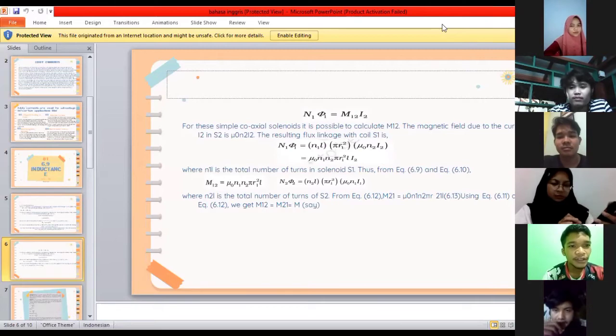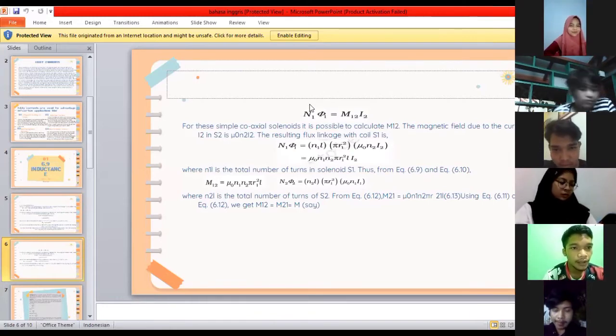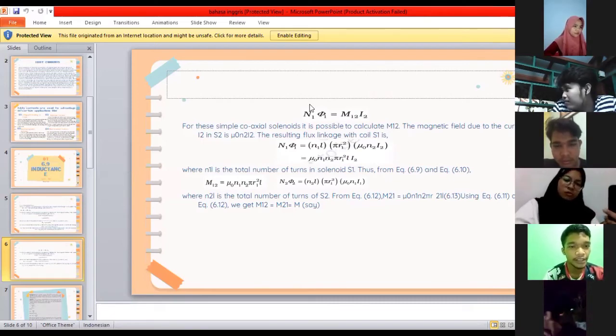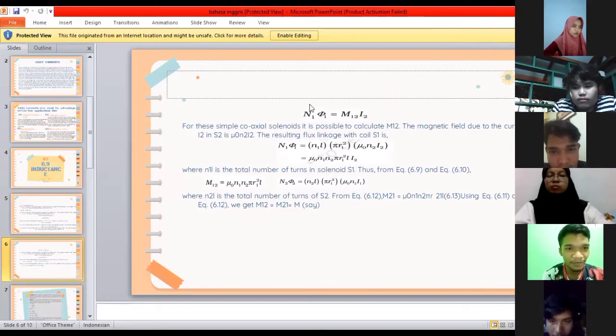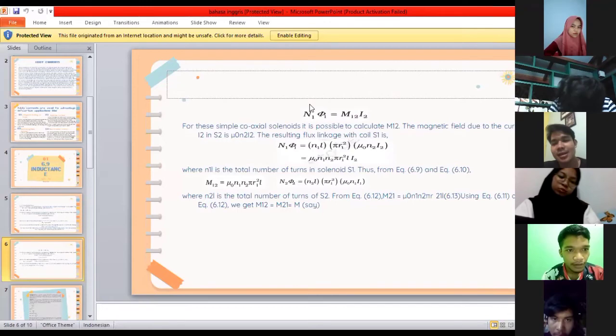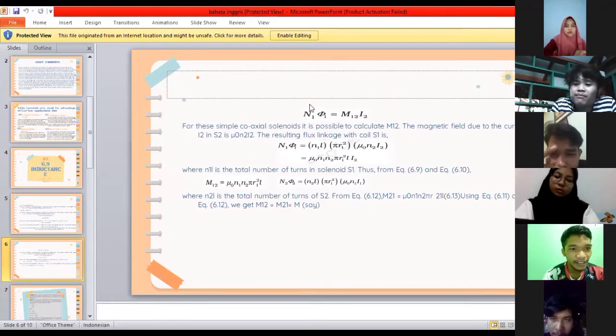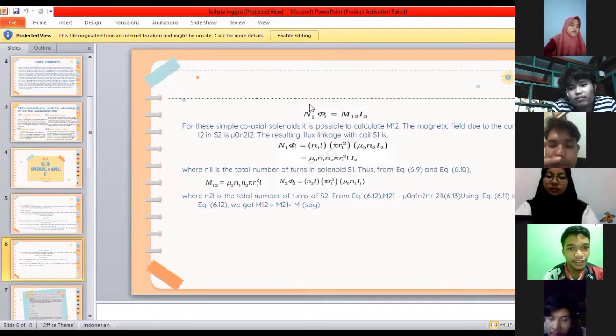For the simple coaxial solenoids, it is possible to calculate M12. The magnetic field due to the current I2 in S2 is B2, and the resulting flux linked with coil S1 is N1 B2 pi r1 squared, where N1 is the total number of turns in solenoid S1.